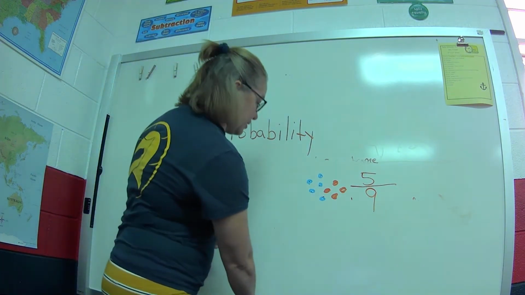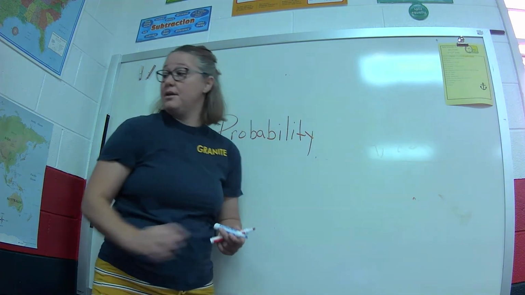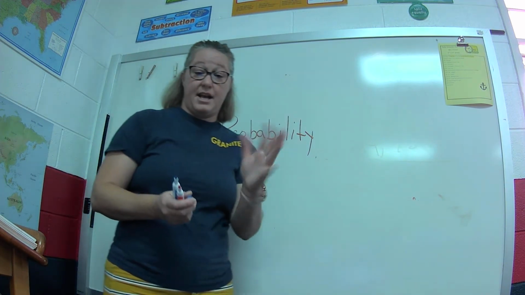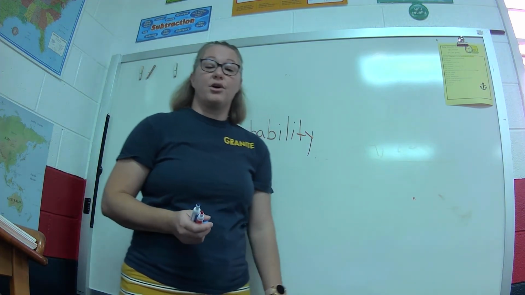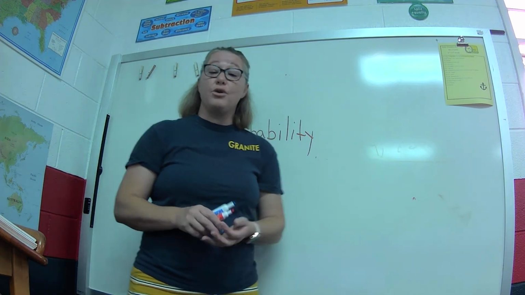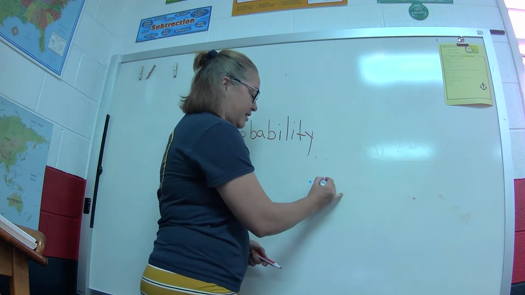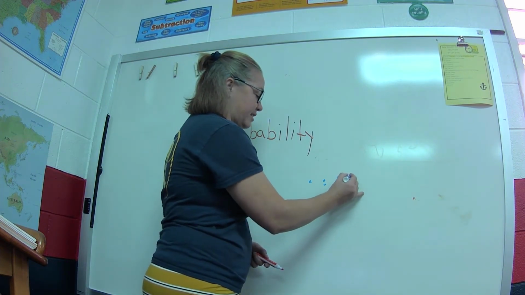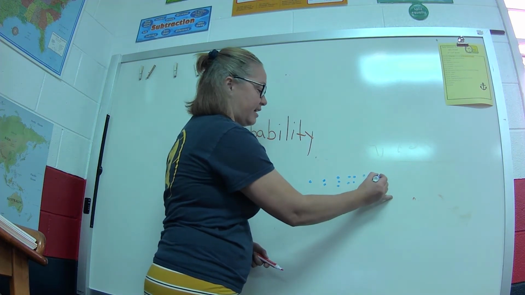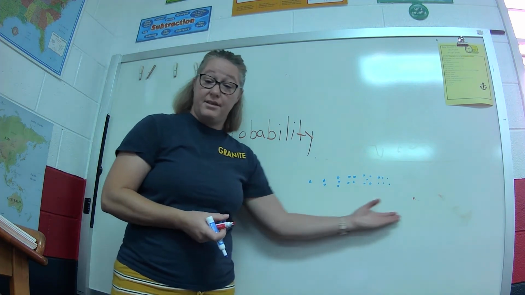All right, let's look at a couple more ideas. Say you have a die. You're playing the game of Trouble, or something where you have to roll to move. A die has 6 sides. It has 1 dot, 2 dots, 3 dots, 4 dots, then the 5, and then the 6.